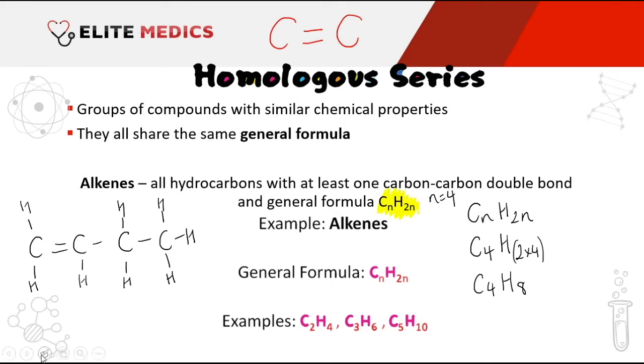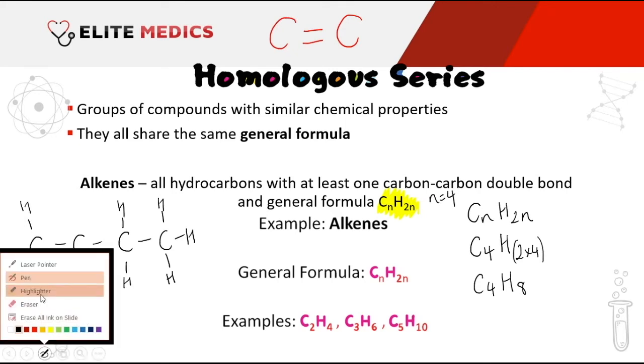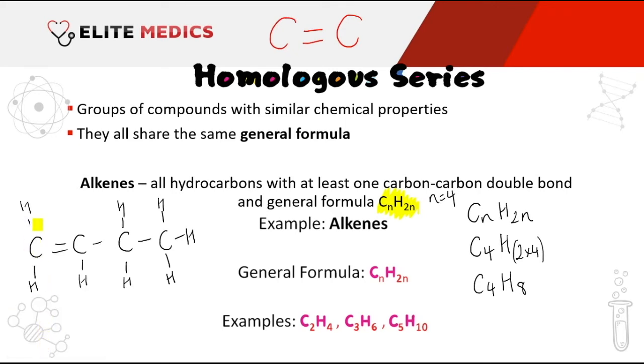So always double check your carbons with the double bonds because it can become very easily confused. So this has got 1, 2, 3, 4. I'm happy with that. And then 1, 2, 3, 4. So this is C4H8.